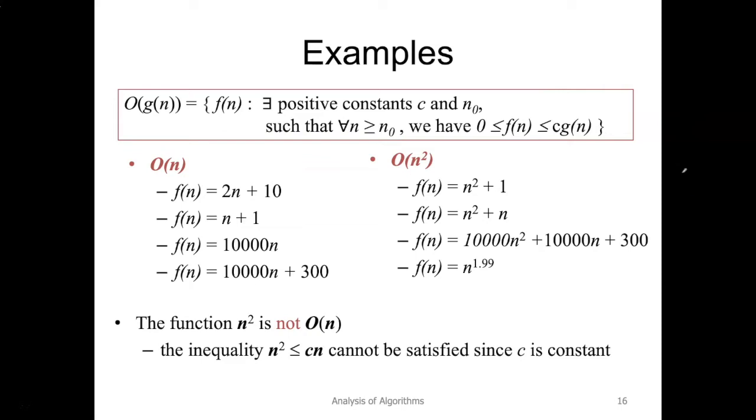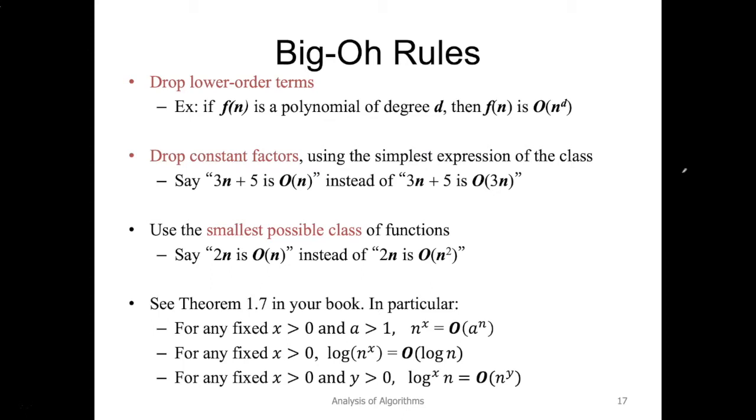So how would we actually come up with this big O notation? Our rule is that we drop any lower order terms. For example, if we have a polynomial of degree d, let's say a polynomial of degree 3, this means we've got n cubed plus n squared plus n plus some constant, say 1.